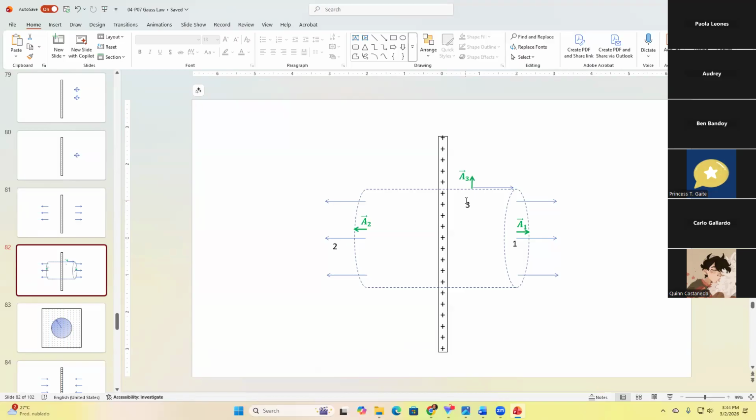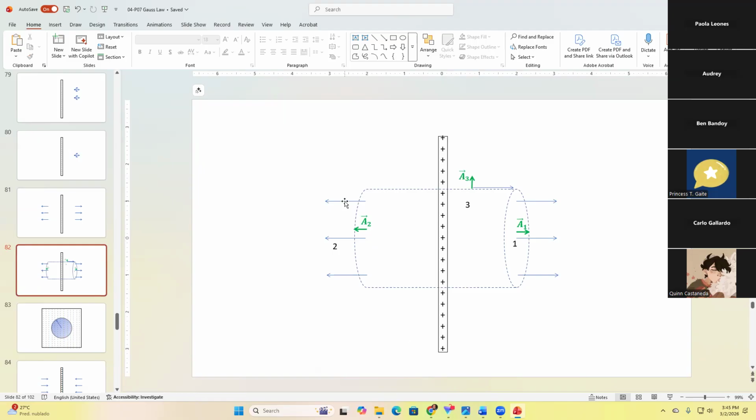Okay? In the radial direction. We have this cap here. This is surface number 1. The area vector points to the right. And you have the other cap here on the other side, in which the area vector points to the left. Okay?